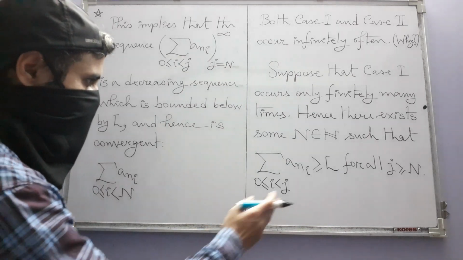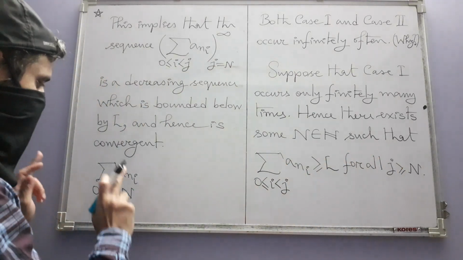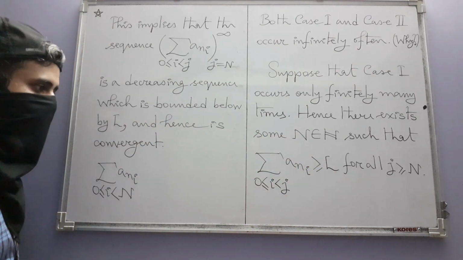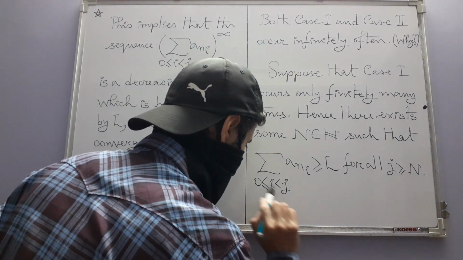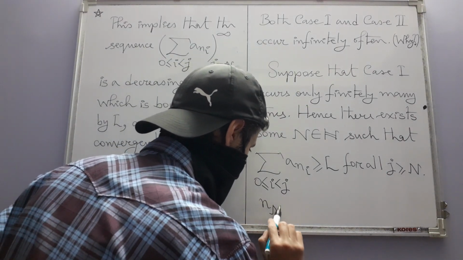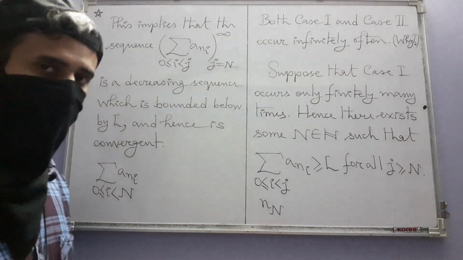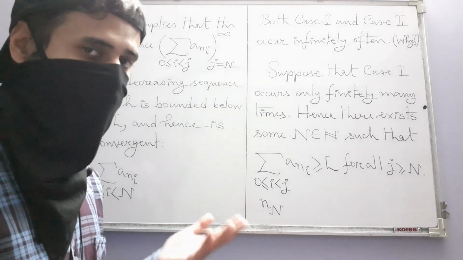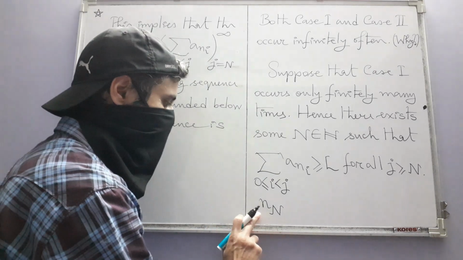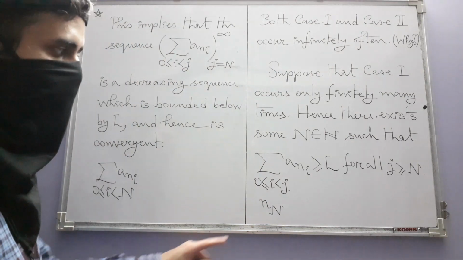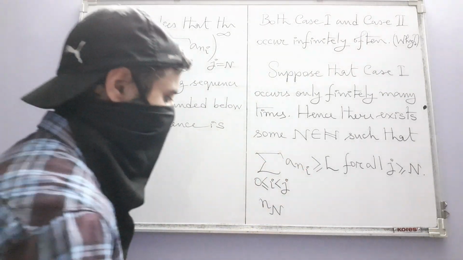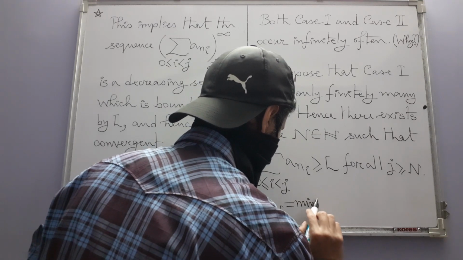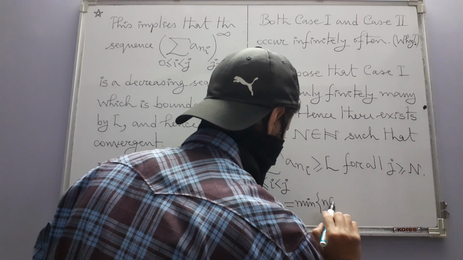Because this thing is greater than or equal to L, if you want to define n using the definition that we have, which involves case 1 and case 2, then this falls under case 2, because this sum is greater than or equal to L. So n will be the minimum of this.